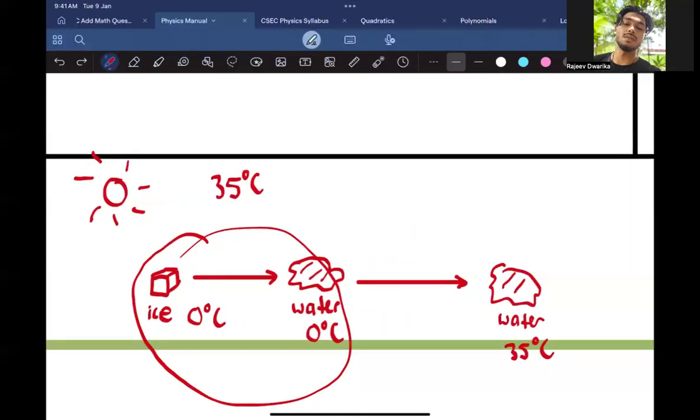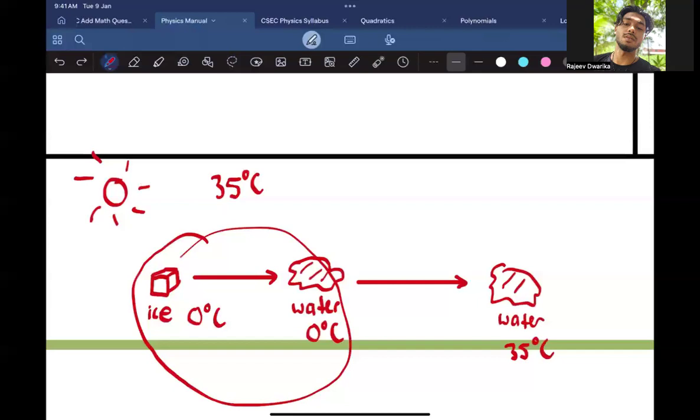So there's a change in state. Ice is a solid, going to liquid. Right, solid to liquid. So is that fusion, vaporization, or E equals mc delta theta?